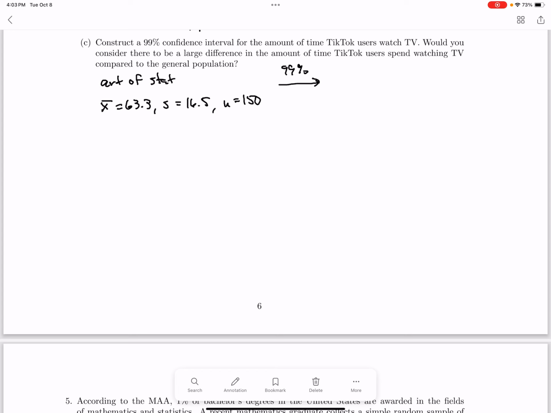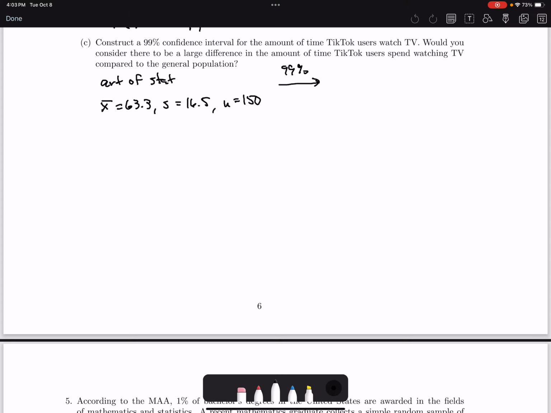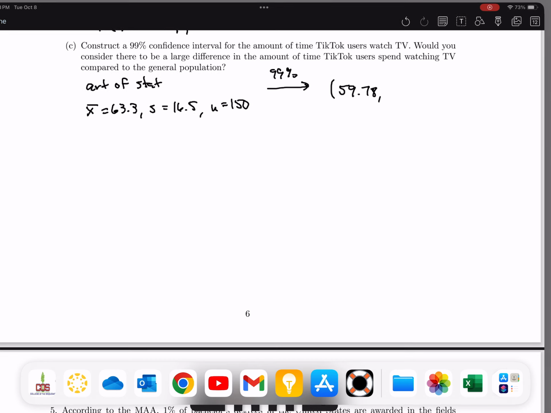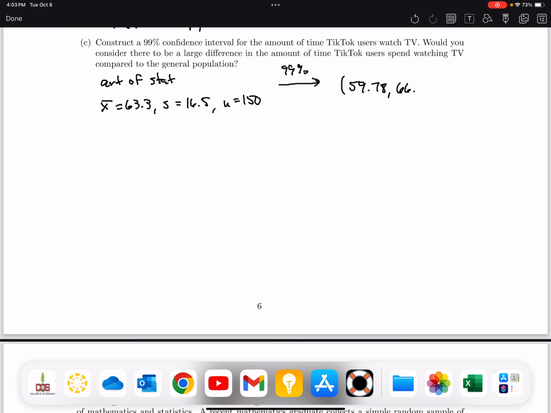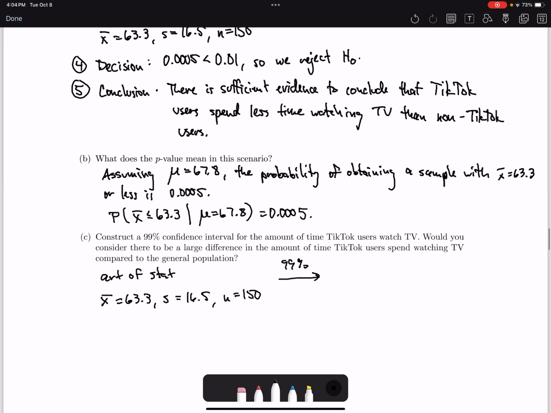59.78 and 66.82 minutes. So then the follow-up question, would you consider there to be a large difference in the amount of time TikTok users spend watching TV compared to the general population?